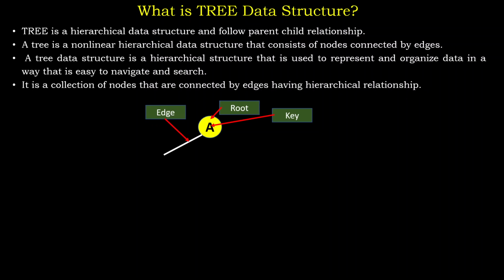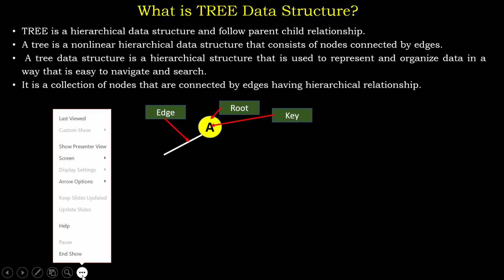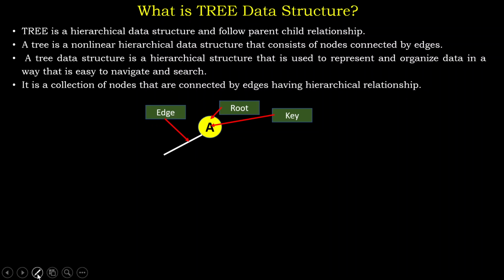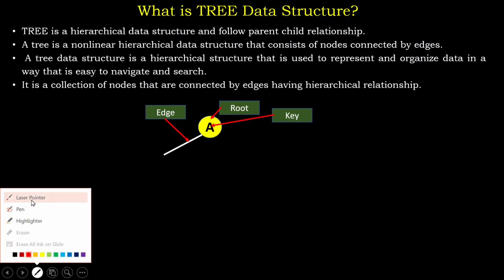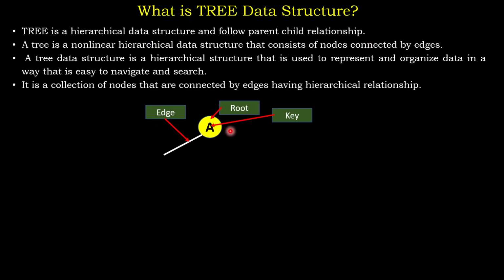You can see that, okay, so here this main a is the root. So the root has some value like a, and that is called the key.